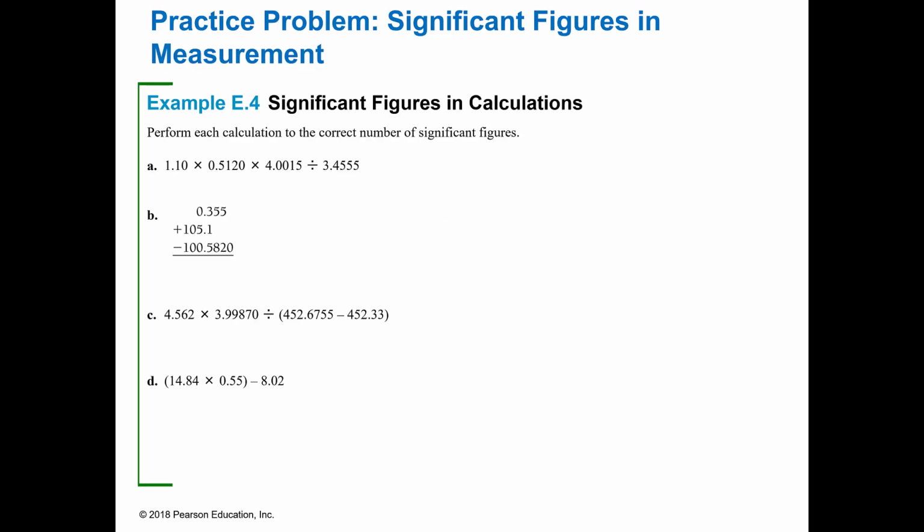Alright, so here's some examples that you can put in your calculator and make sure that you're getting these numbers. The first one, you got 1.10 times 0.5120 times 4.0015 divided by 3.455.